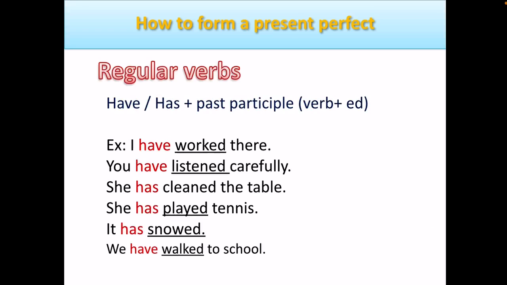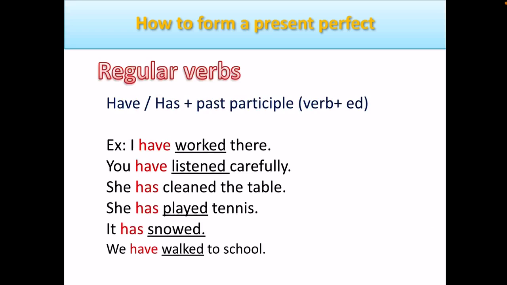Now here we have the verbs worked, listened, cleaned, played, snowed, and walked. They are the past participle form of the verb, and they are regular verbs. Of course, there are a lot of other regular verbs, but I take those as examples. طبعا يوجد الكثير من الأفعال القياسية الأخرى، لكن هذه مجرد أمثلة.